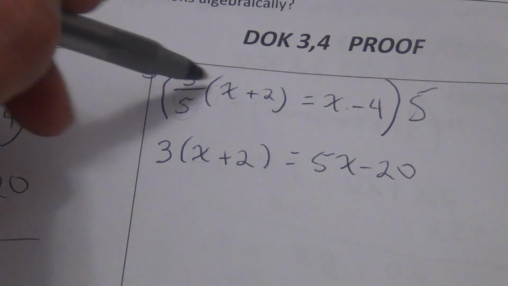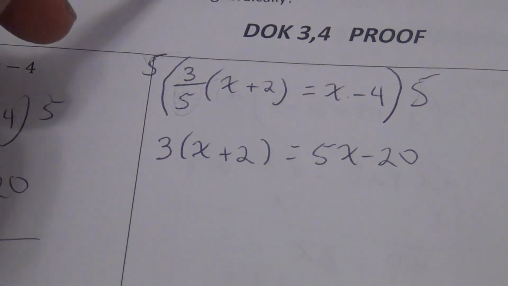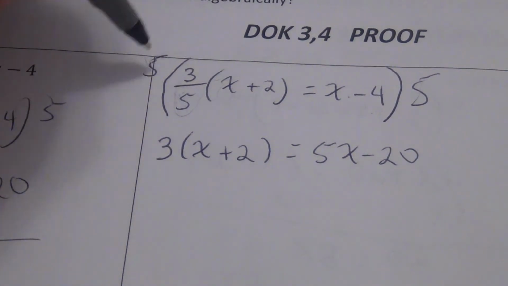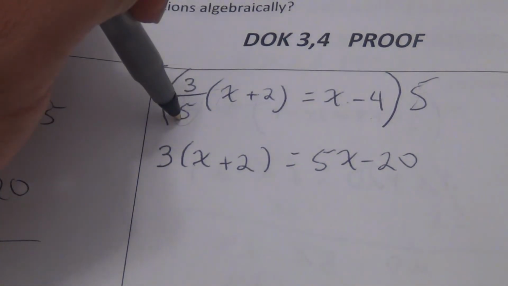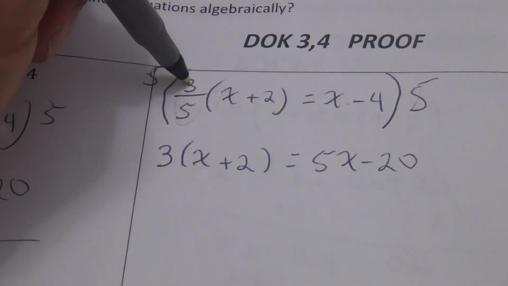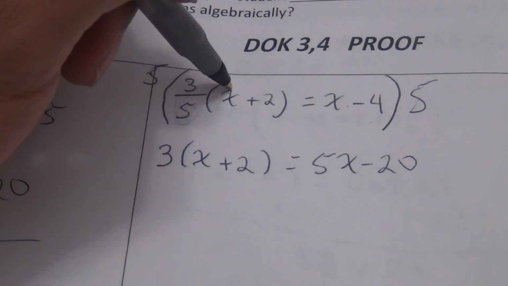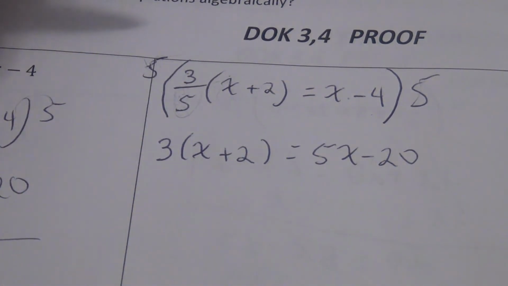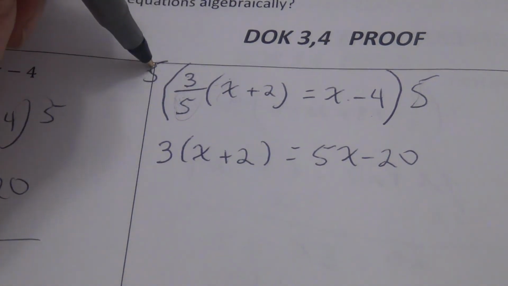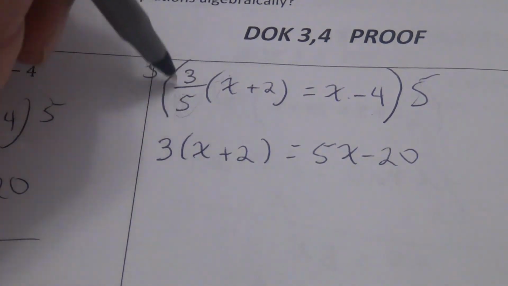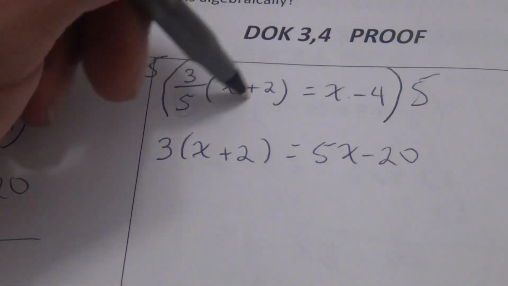So I don't have to multiply by 5. You understand what I'm saying? It's like if I say, okay, 5 divided by 5 is 1 times 3, 3 times x. So by just doing it over here, you don't have to do it throughout the whole x plus 2.